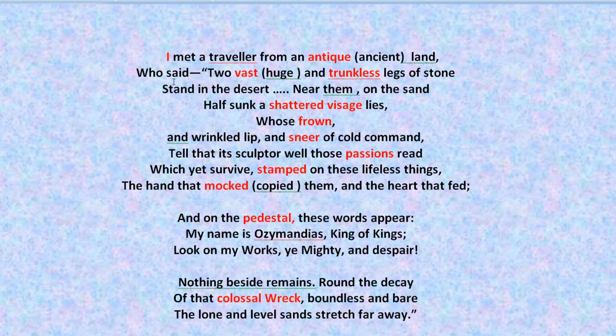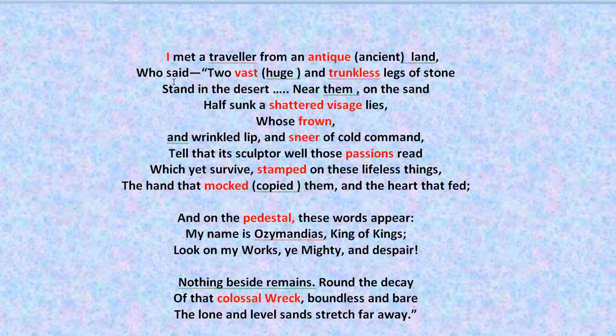So that traveller told the poet that two very huge and trunkless legs of stone were buried in the desert.